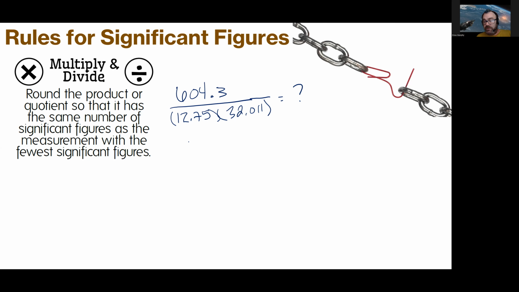So 12.75 times 32.011 is 408.14025. Then we divide 604.3 by that answer.